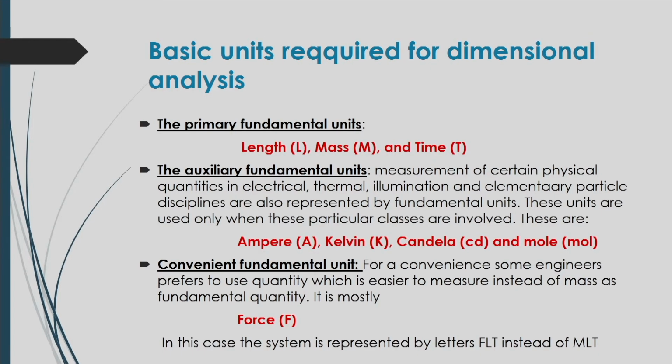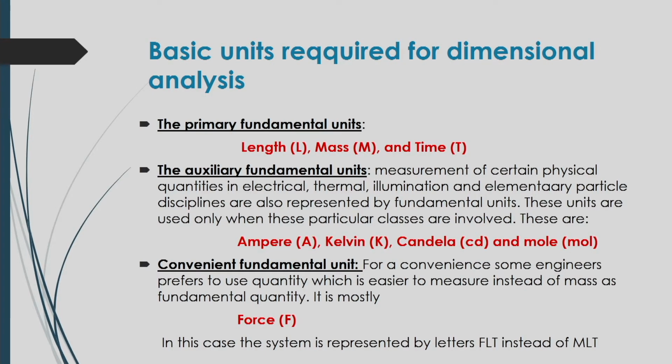To analyze by these two methods, you have to know some primary fundamental units on which the dimension analysis is based. Those primary fundamental units are length, mass and time. Based on these fundamental units, you can do the dimension analysis to make the dimensionless groups.